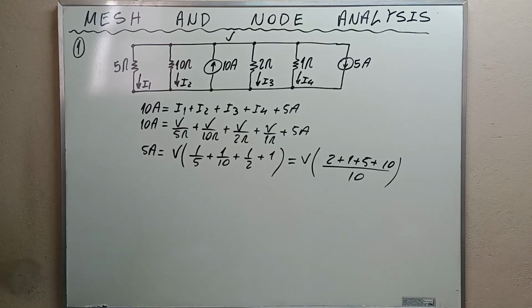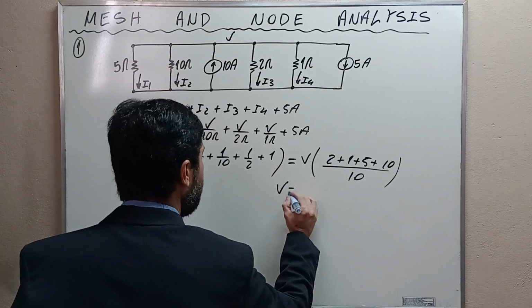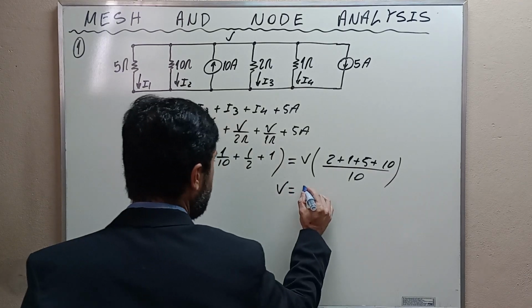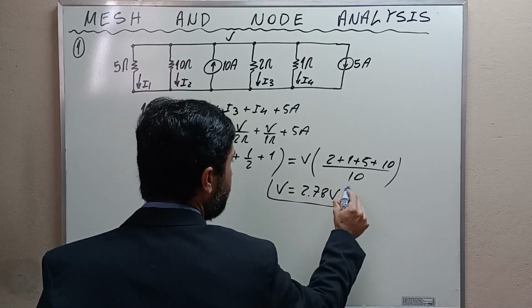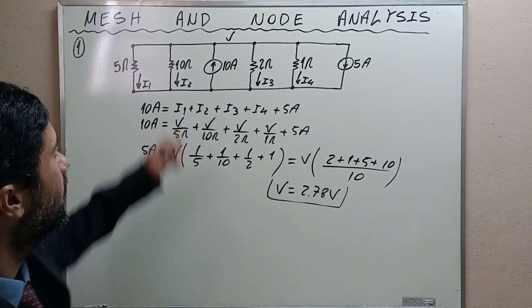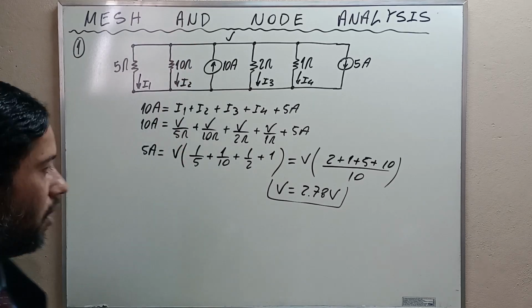Okay, my friends? If we continue solving, we find that V is equal to 2.78 volts. This is the value of the voltage at the upper node.